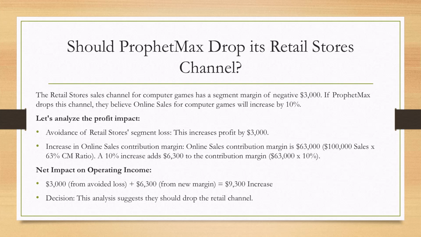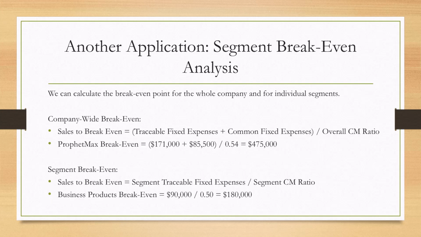So, what's the net impact on operating income? We add the $3,000 from the avoided loss and the $6,300 from the new margin for a total increase of $9,300. Based on this analysis, the decision should be to drop the retail channel. Another powerful application of this is performing break-even analysis at both the company and segment levels.